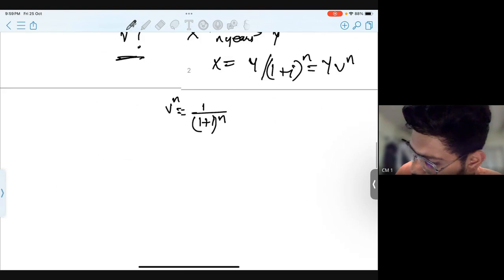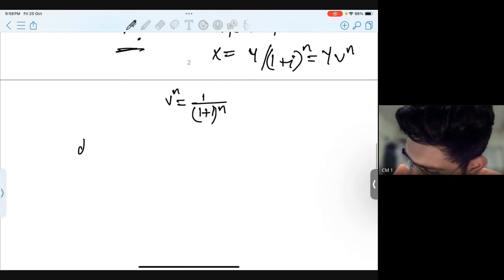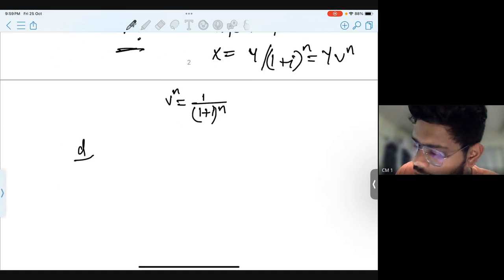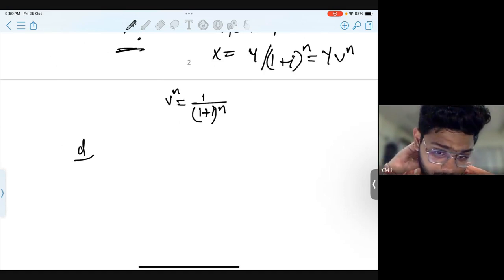Have all of you studied the D notation in the theory chapter, like the theory videos? ये D का notation पढ़े हो सब?